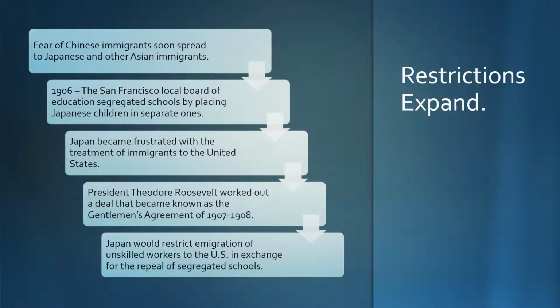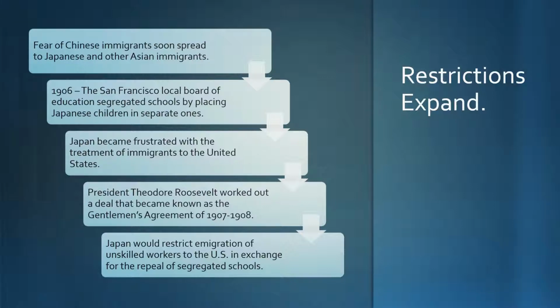Some other restrictions. Fear of Chinese immigrants soon spread to Japanese and other Asian immigrants. In 1906, for example, the San Francisco Local Board of Education segregated schools by placing Japanese children in separate ones. Japan became very frustrated with the treatment of immigrants to the United States.